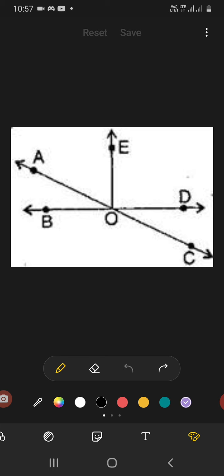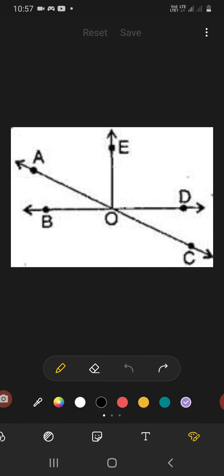Now see the next question number 5: adjacent angles that do not form a linear pair. Adjacent means which have a common vertex and common arm and two non-common arms. A linear pair means the same thing, but the difference is that in a linear pair the sum of the angles must be 180 degrees. That means adjacent angles may not have a sum of 180 degrees, but linear pair angles must be 180 degrees.